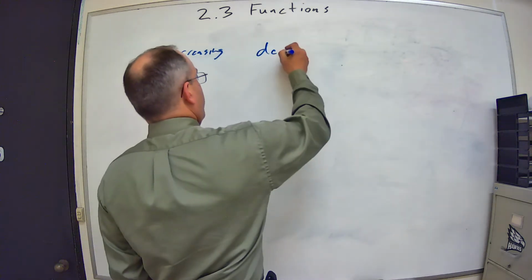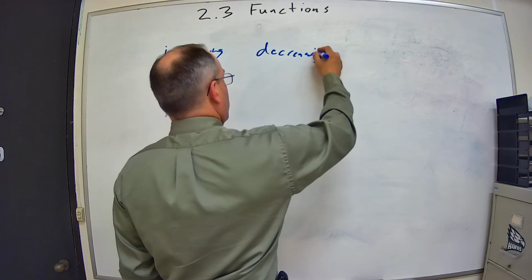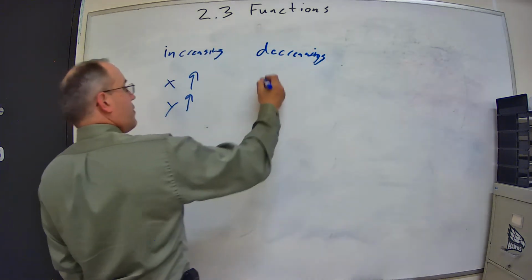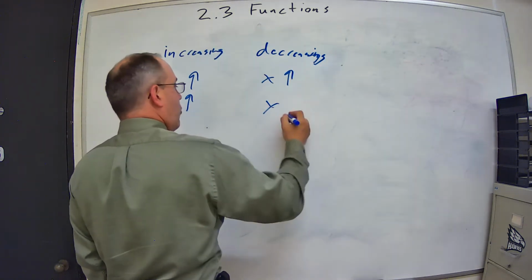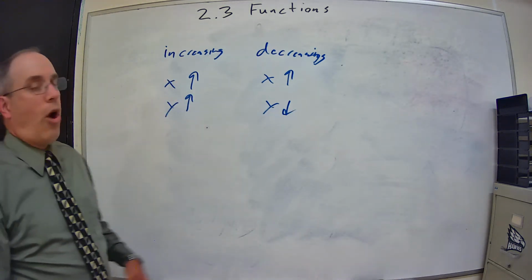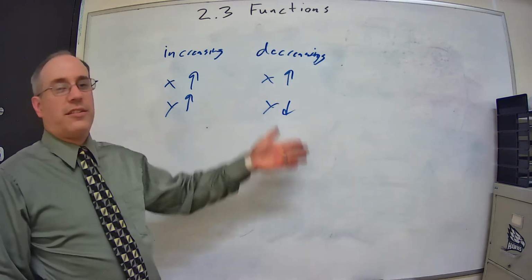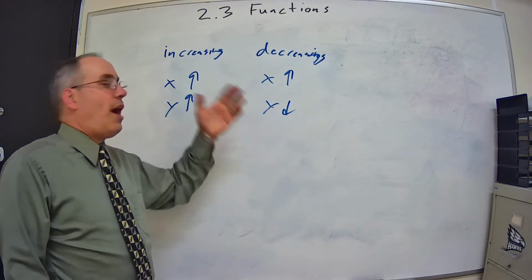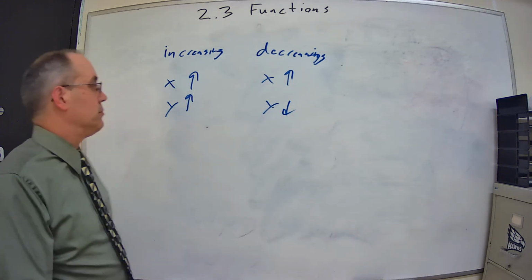A decreasing function, as x increases, y decreases for all points on the function. So as x continues to get larger, y gets smaller. It decreases.